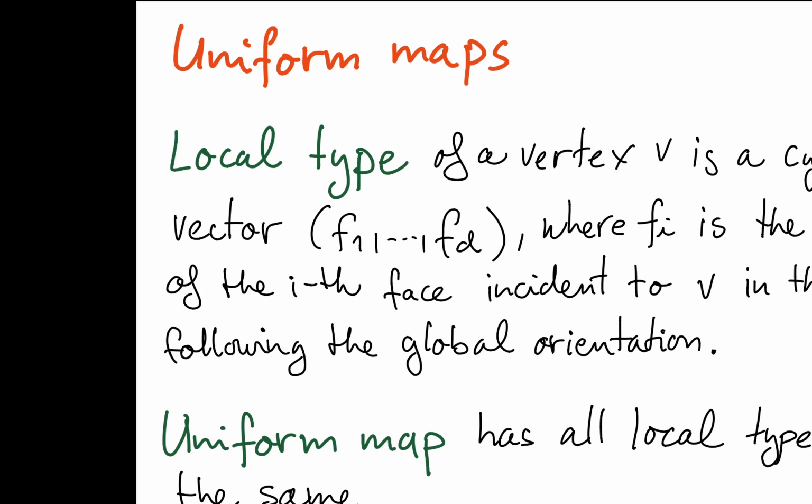So we refine the procedure by using the local types instead of degrees. I've already mentioned the local types. So it follows that the number of local types is bounded. The number of local types that is sufficient to consider the same as degrees is bounded by some function of the degree.